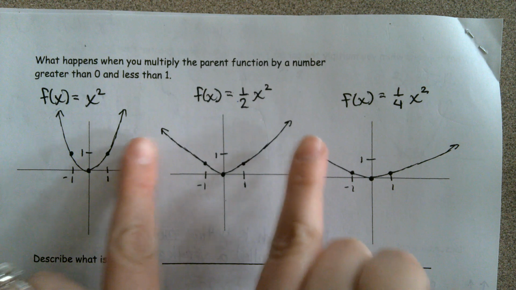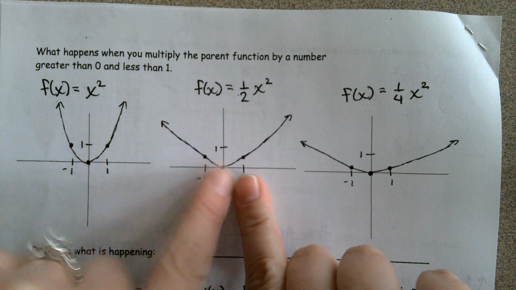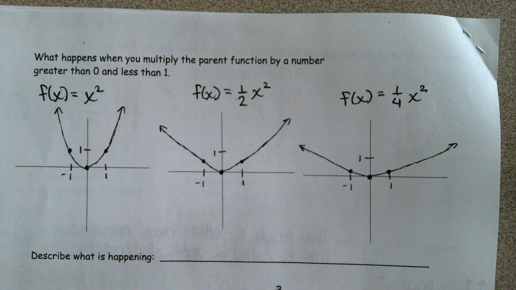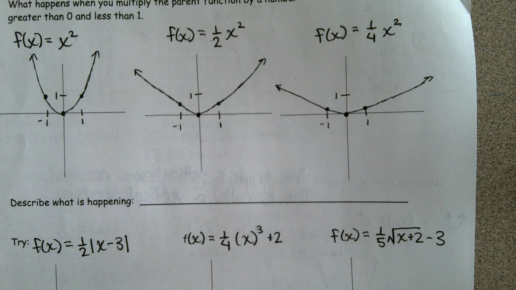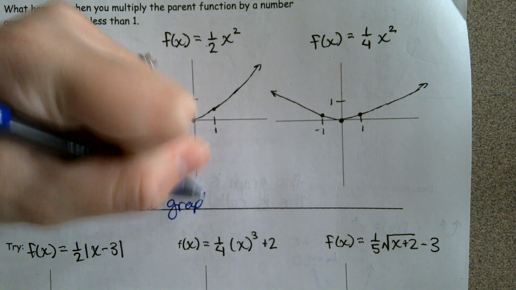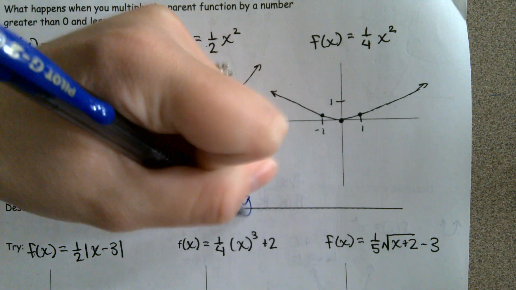Instead of narrowing and getting closer to the y-axis, it's getting further apart from it as we go. So a lot of us look at that and think, oh, it's getting wider. The graph is getting wider.